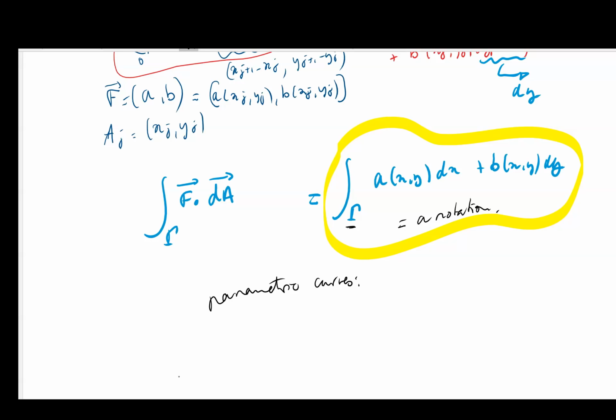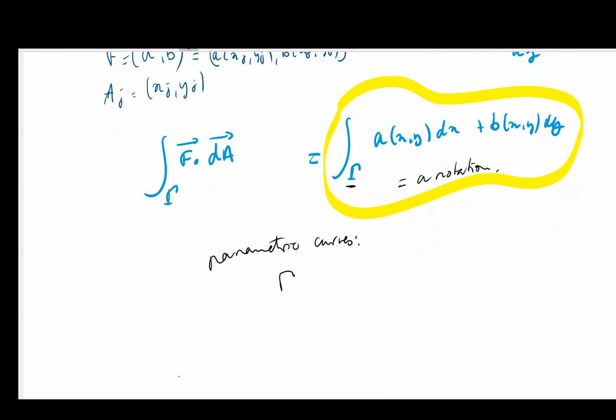So what do we get? A parametric curve is just that we are going to describe gamma by saying it's all the points described by x of t, y of t, for t between some values, let's say between 0 and capital T. So your curve is entirely described by the set of all the points x, y that are given by functions x of t, y of t.